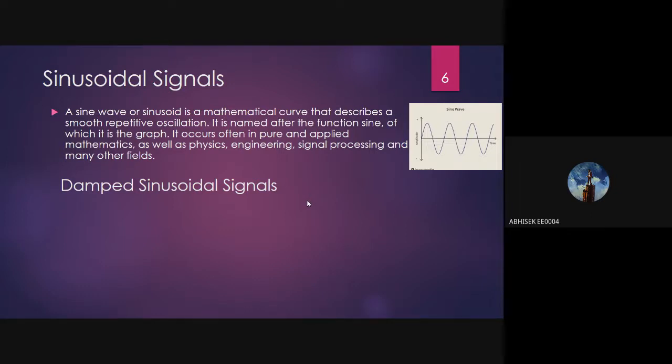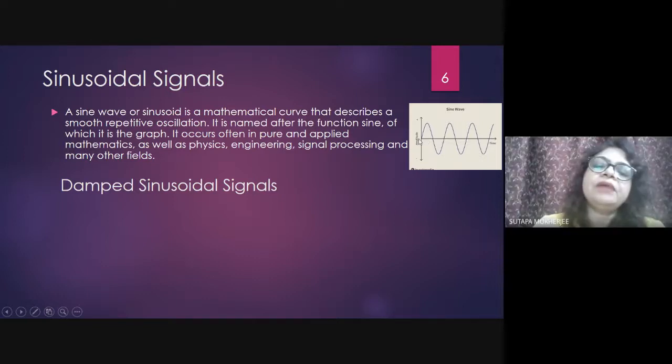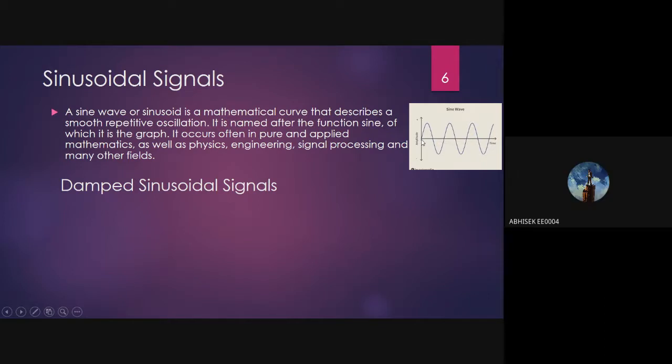So sin(omega t plus pi by 2) is cos omega t. Where will the graph start? Both are waves, but cos omega t has its peak value at 0, because cos 0 is equal to 1 and sin 0 is 0. This is the basic difference.